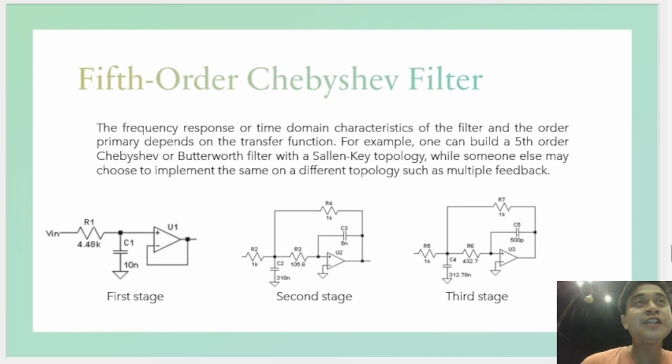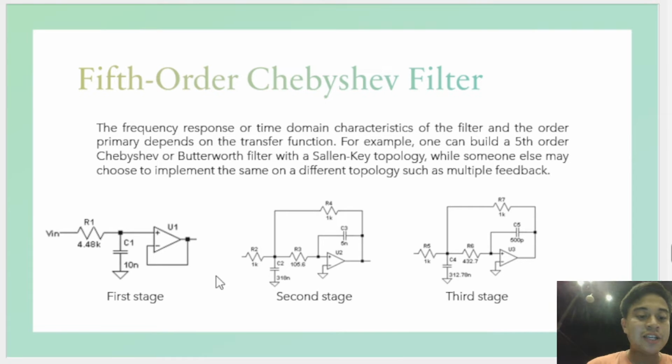This is the fifth order Chebyshev filter. The frequency response or time domain characteristic of the filter and the order primarily depends on the transfer function. For example, one can build a fifth order Chebyshev or Butterworth filter with a certain topology, while someone else may choose to implement the same on different topologies such as multiple feedback.